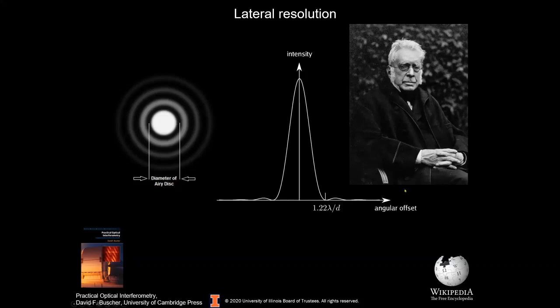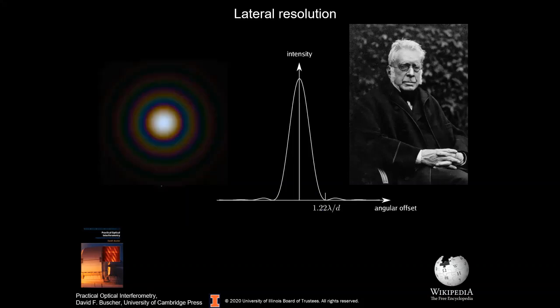The diameter of the Airy disks is a function of the wavelength. And so the pattern that you see from a white light point source will look like a rainbow, because the red light is diffracted more than the blue, and so on.